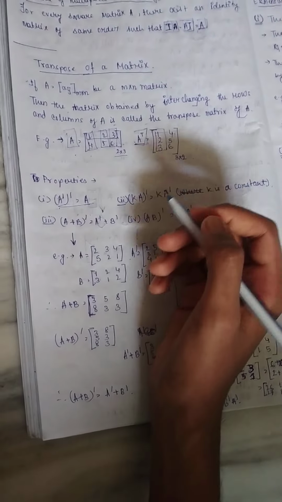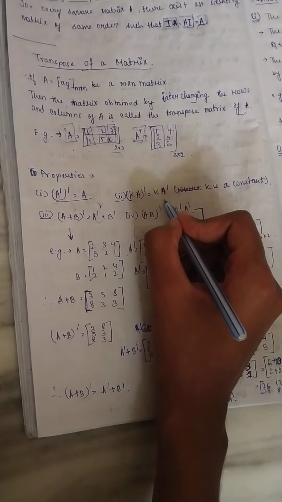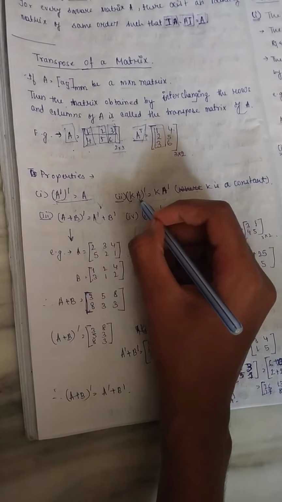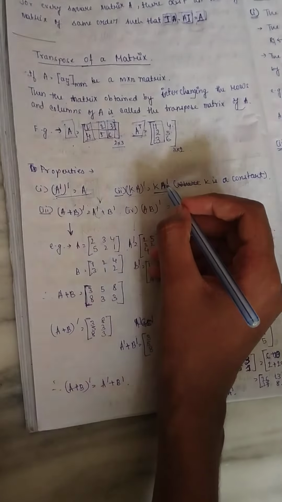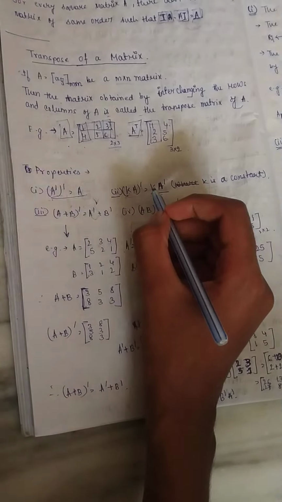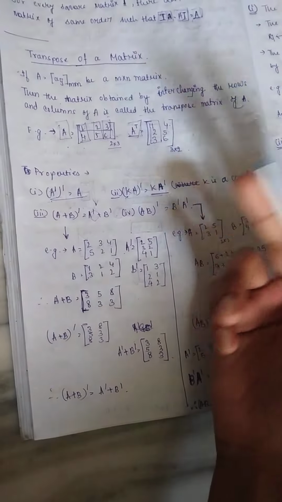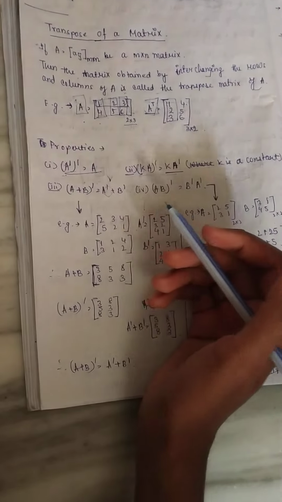Then scalar multiplication: if we take the transpose of K times A, we get K into A transpose, means K will get multiplied with each element of the transpose matrix.